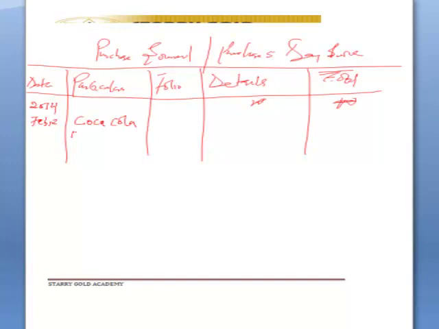What did they buy from there? 12 crates of Coke at 240 naira each. That will give us 12 times 240, and that is 2,880.